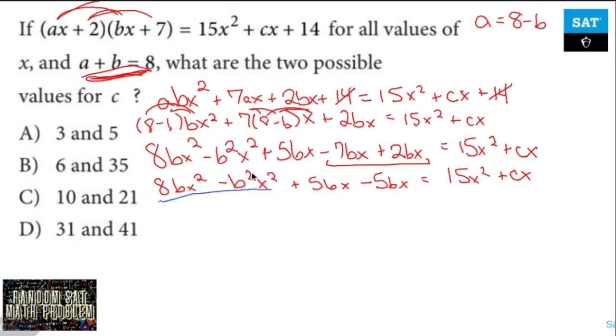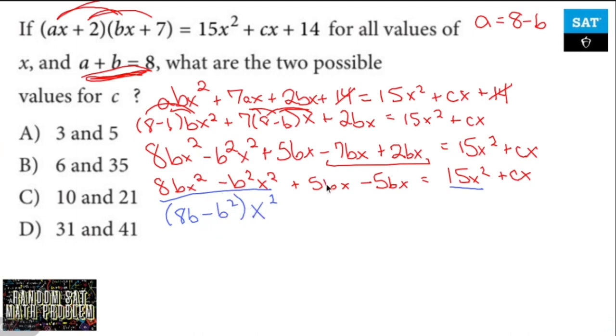I have an x squared in common over here and an x squared over there. I'm going to combine, well, not combine, but I'm going to factor out the x squared so I can compare what I have in blue here to what I have in blue here. So if I bring out the x squared, and I'll actually put it out front so it's a little easier on the eyes, I have 8b minus b squared x squared.